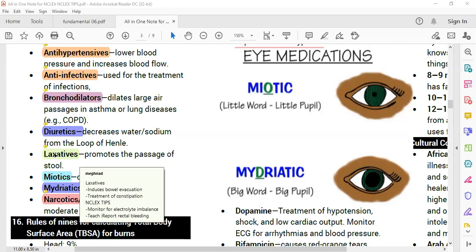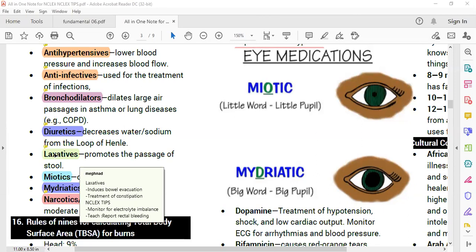If our patient needs to take laxatives, we should monitor for electrolyte imbalance. If the patient takes lactulose, it may be used to decrease the ammonia level in the client with hepatic encephalopathy.